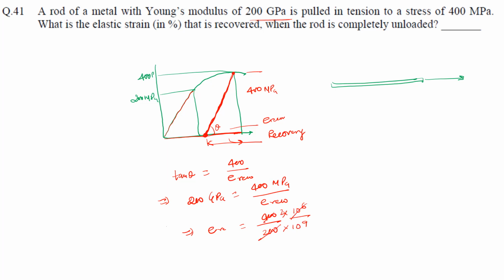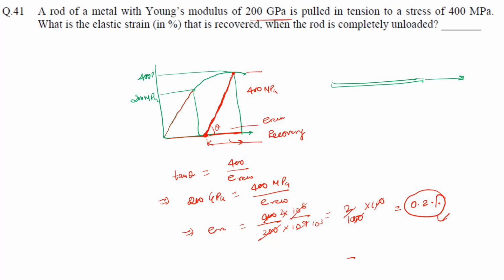So it is 2 divided by 1000. Okay, so this is strain, but it is asking in strain percentage, so we will multiply with 100, so it will be 0.2 percentage.